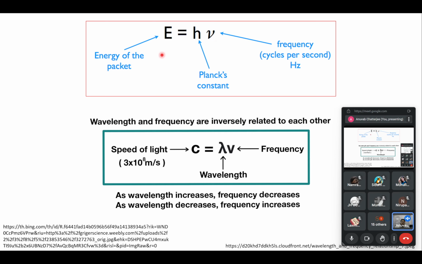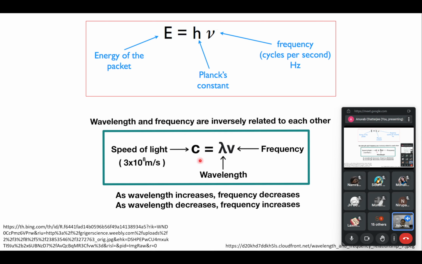The proportionality constant here is Planck's constant. So E equals h nu, which gives us that the energy of a packet of electromagnetic radiation is directly proportional to the frequency of the radiation.